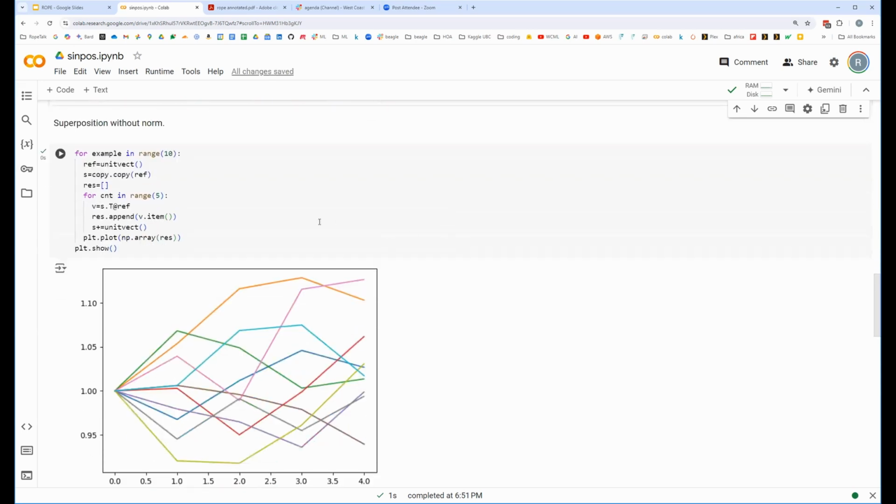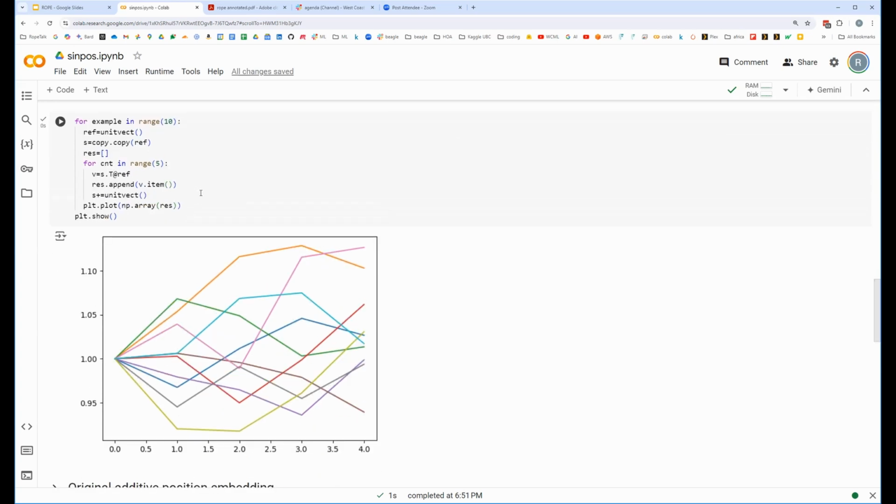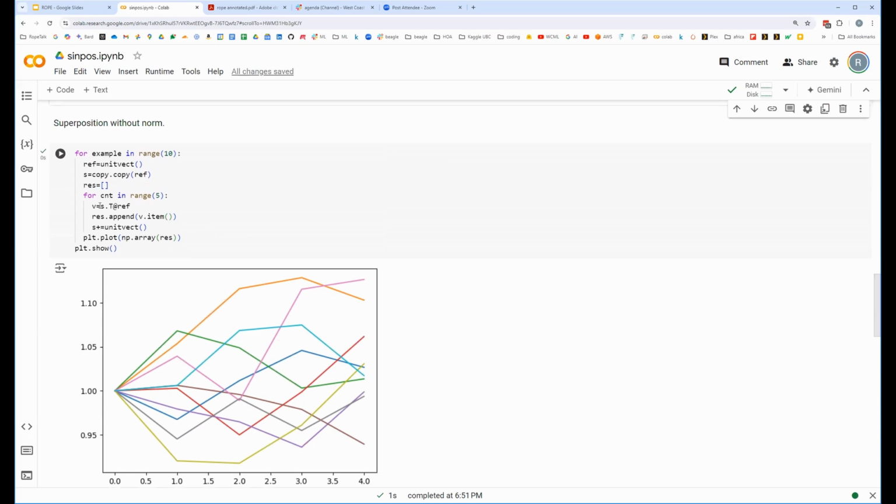Let's see, then I looked at superposition when I'm just adding vectors. This is 10 unit vectors, the norm of them. What was I doing here?